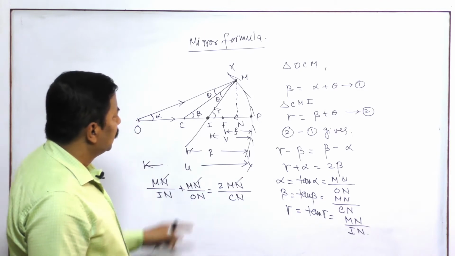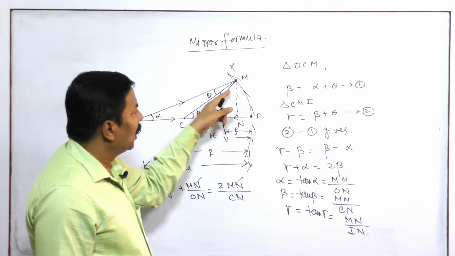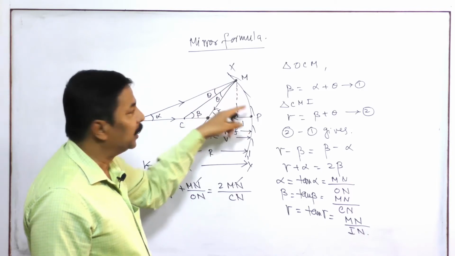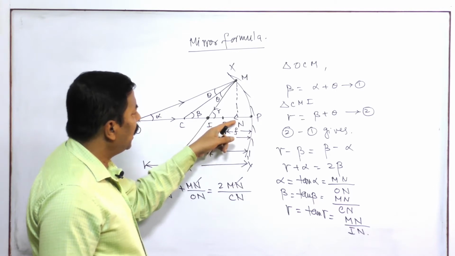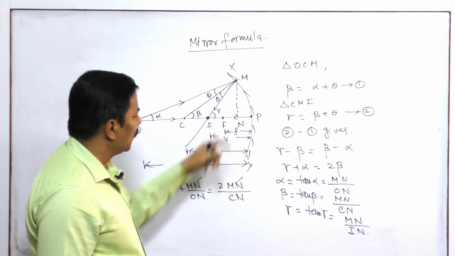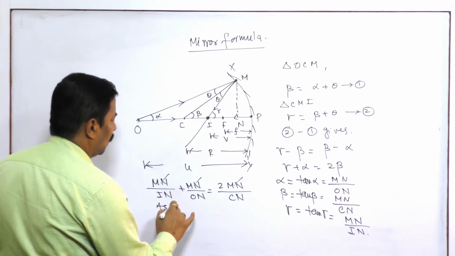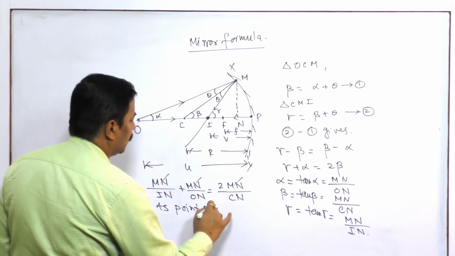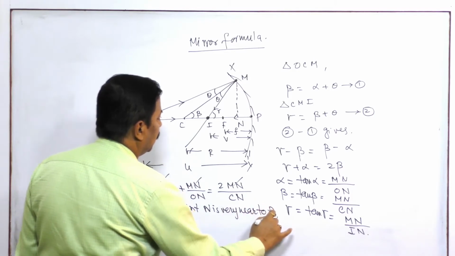Now, when this angle is very small, that is, the mirror is of a small aperture, for clarity I have made a big diagram, but this point M is very near to P. So point N is very near to P.